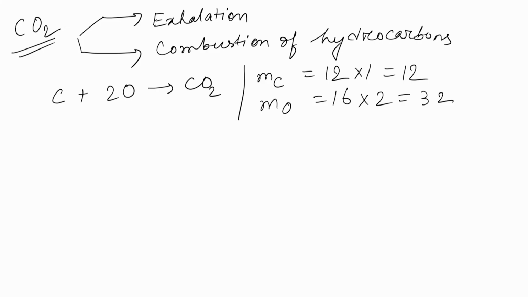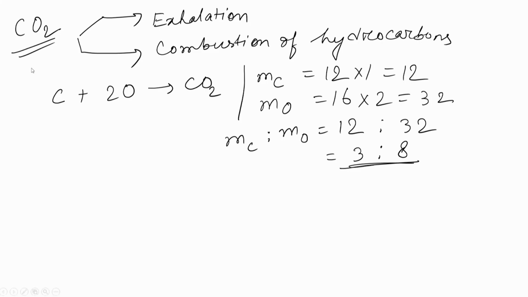So the ratio of masses can be written as 3:8 if we divide them by 4 on both sides. So this is the simple ratio. No matter the source of carbon dioxide, the ratio will always be the same.